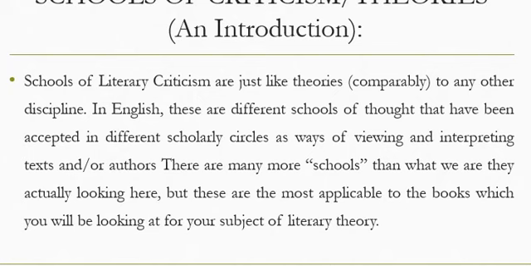So it's very clear that literary criticism is comparably similar to literary theories, and theories, as we have defined in the last lecture, are different types of lenses through which different scholars interpret and analyze different types of text.